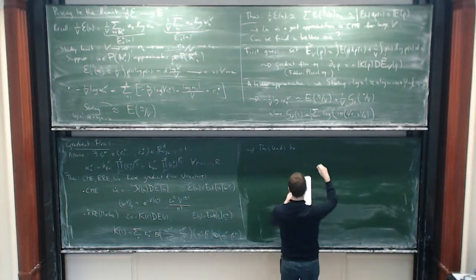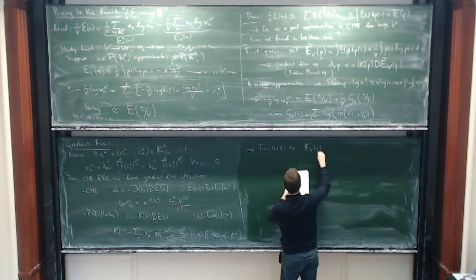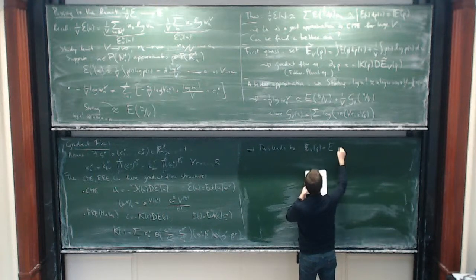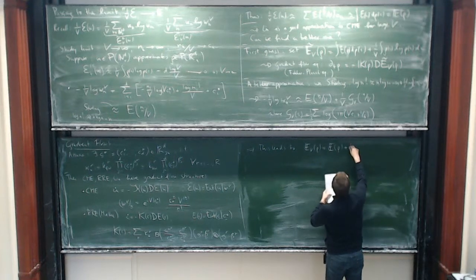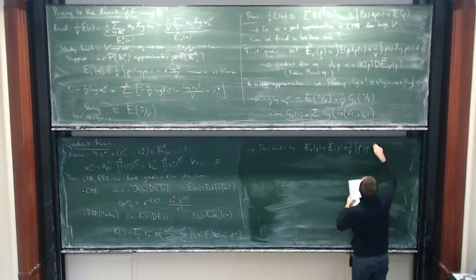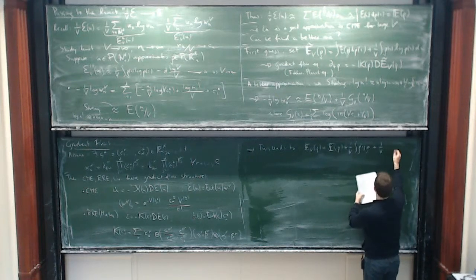Now it looks like this, denoted by E_v of rho. So the main term is again the same thing which we had before. Then there's this entropy term, 1 over v integral of rho log rho. And then there's another drift term involving this function g.